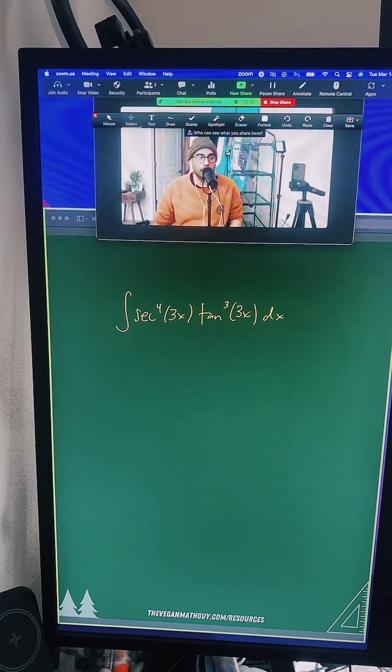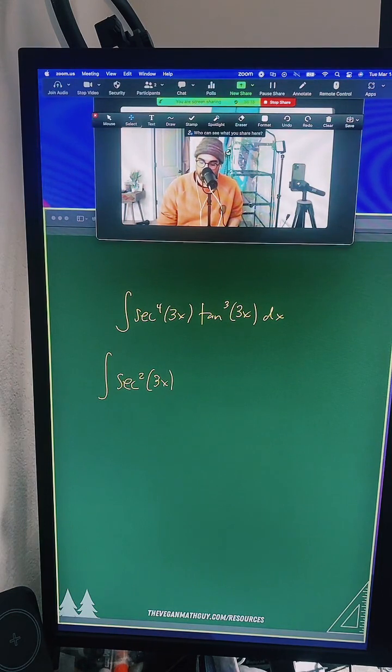But when I take the derivative of that, I'm going to get secant squared, and that's only going to cancel out half of these. So before I even do anything, I'm going to rewrite this as secant squared 3x times secant squared 3x. You're going to see why I'm doing this in a second.